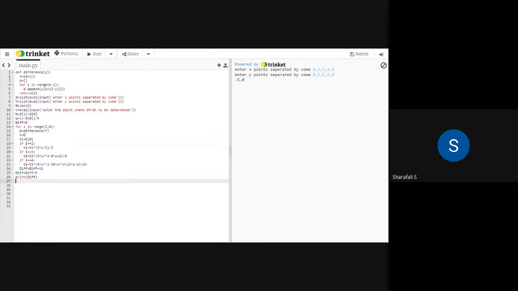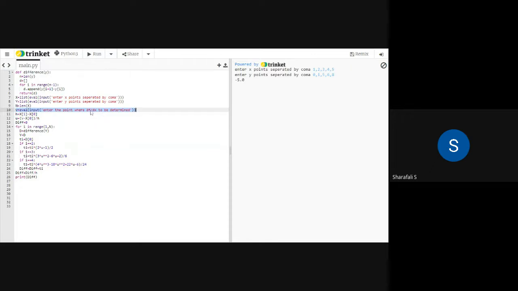So this is the same. The difference comes in this step. Also, I have given one more instruction here: V equal to any variable you can give. So I have just given V equal to eval input, enter the point where df by dx or dy by dx.